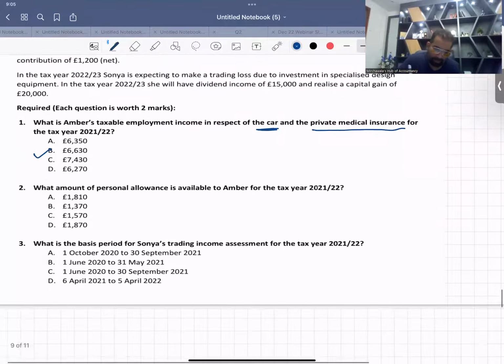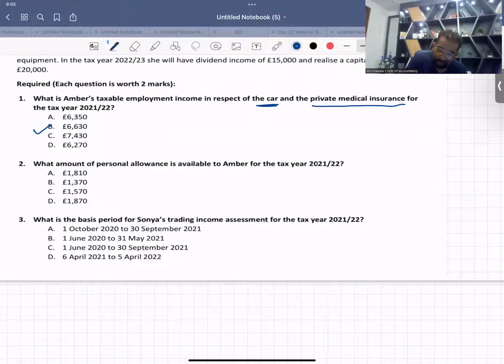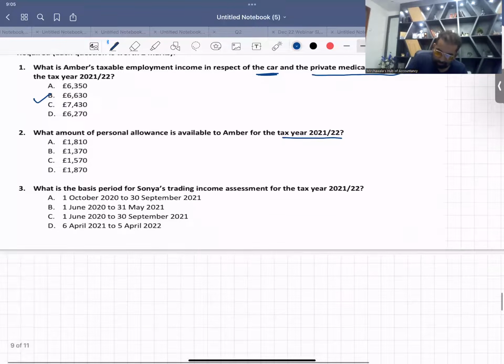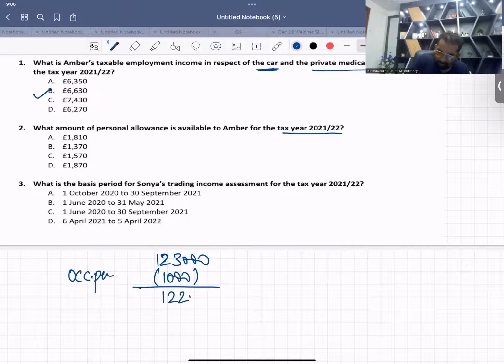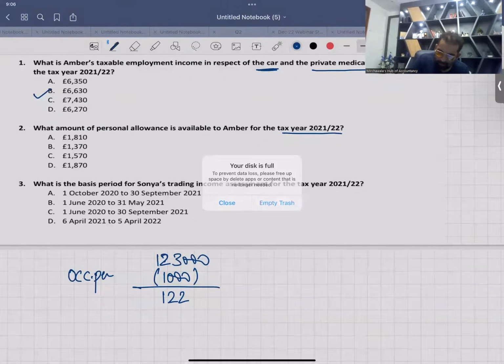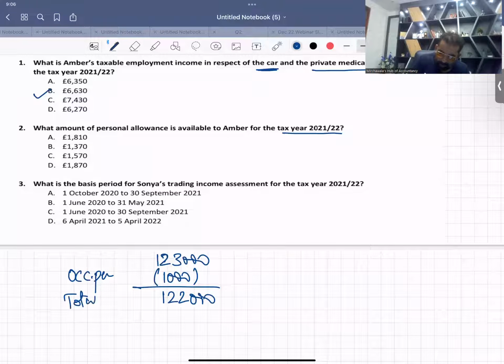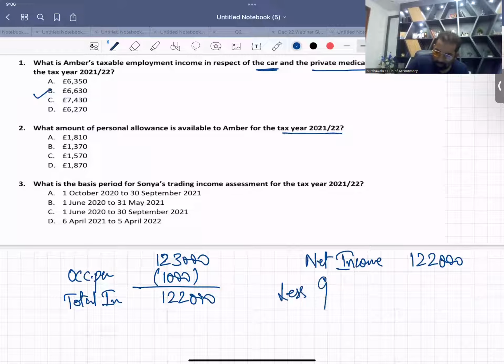Now, for the second point, what amount of personal allowance is available to Amber for the tax year 21-22? Easy. Your 123,000 was your normal employment income, then 1,000 is the occupational pension contribution, so 122,000 is your net income. Now for ANI working, less GAD, gross gift aid.